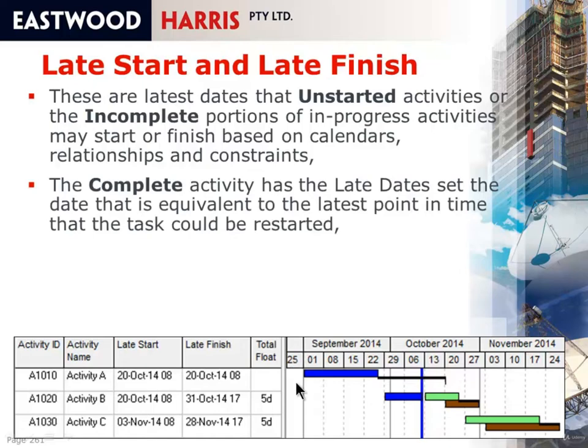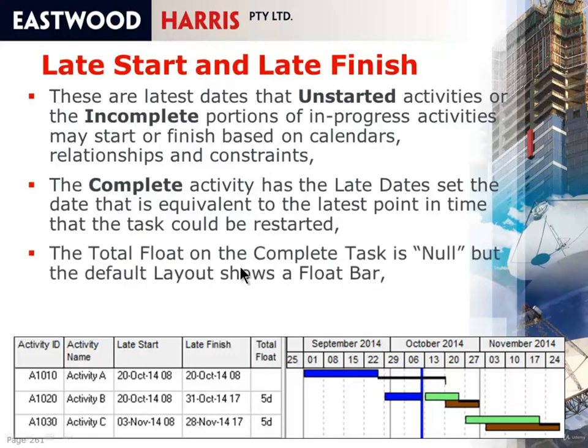It's interesting to see that the complete activity has the late dates set at a point in time that would be equivalent to when it could start and finish without delaying the project. And these dates are exactly the same as the late start of this activity here, the remaining late start, that is. And therefore the total float here is null, which one would normally expect, but it's actually showing a float bar, which is an interesting method of displaying float when you have a null value.